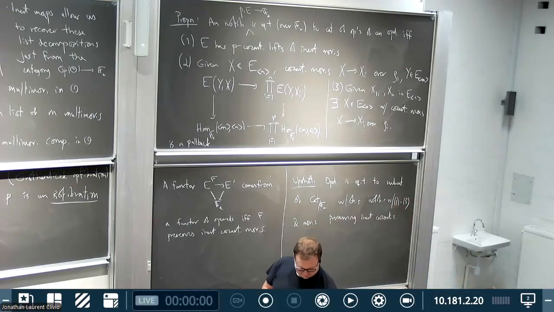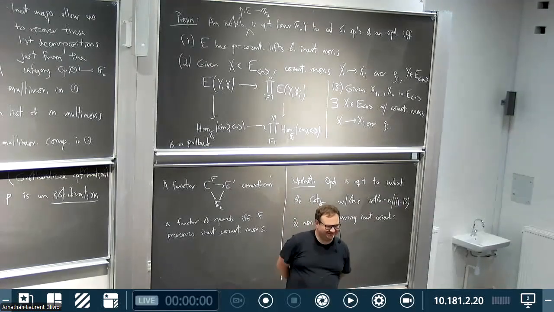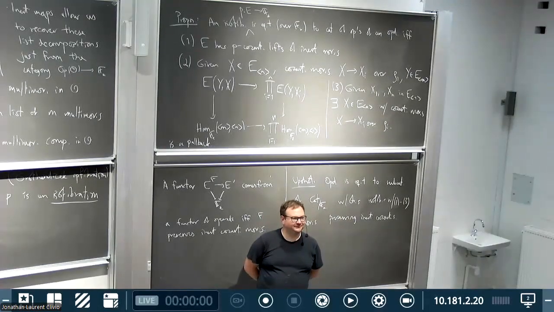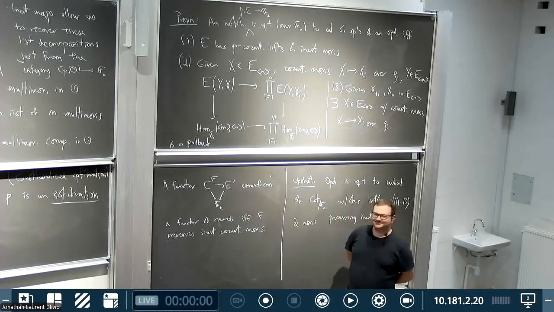Any questions? Yes, Austin. Annoying question: why do you keep saying isofibration with inert Cartesian lifts and not just functor with inert Cartesian lifts? I guess that's true, since isomorphisms will be in that.